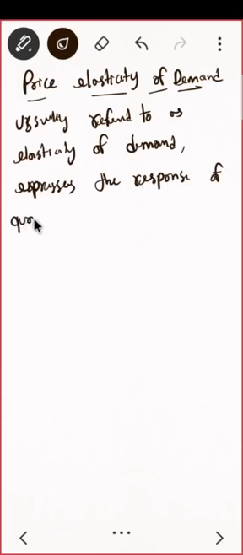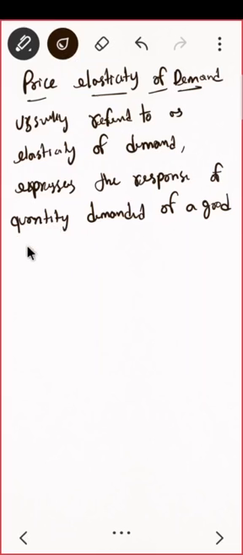And what does this express? The response of quantity demanded of a good to a change in its price.